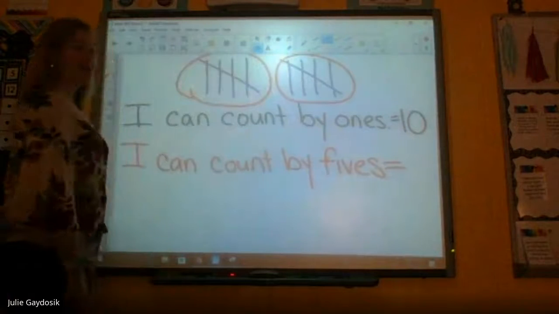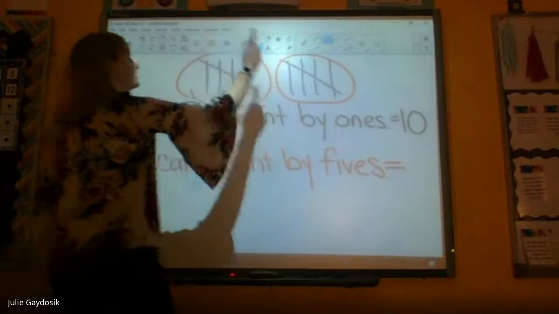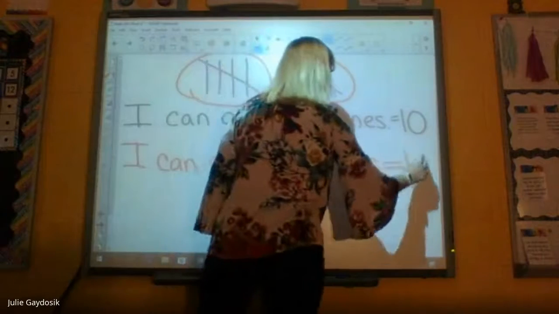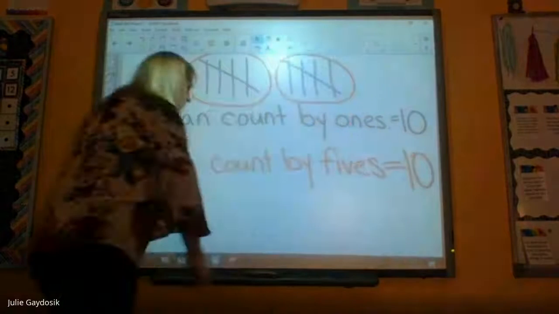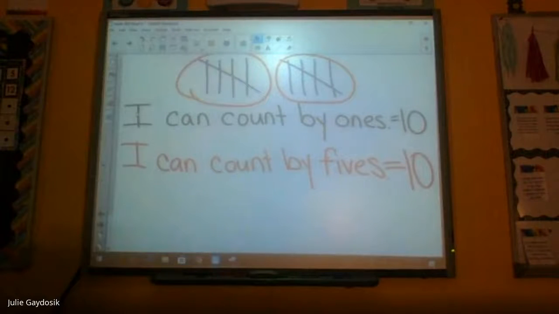Let's count by 5s together. Ready? 5, 10. So I got 10 again. Both of these are great ways to count these tally marks to figure out how many there are. Remember, if you think of a different way, that is perfect. I'm glad that you can think of other ways than what I can think of.